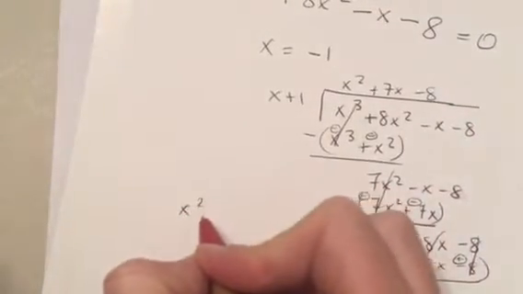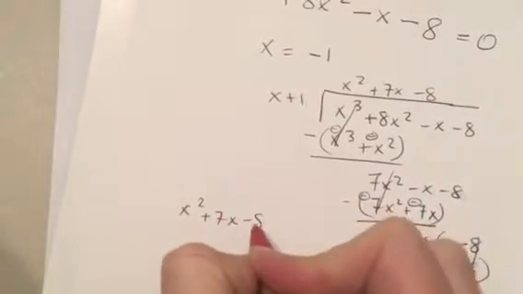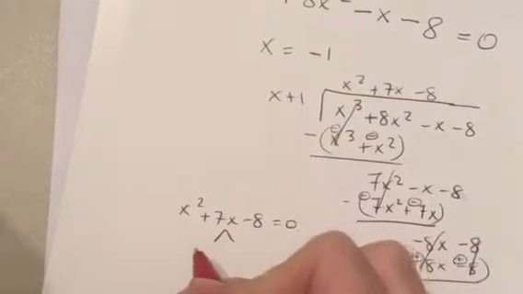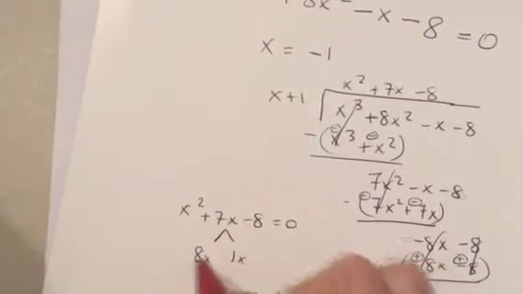So I solve my quadratic and I get my other 2 roots. I expect 2. So factors of 8 that subtract to give me 1.